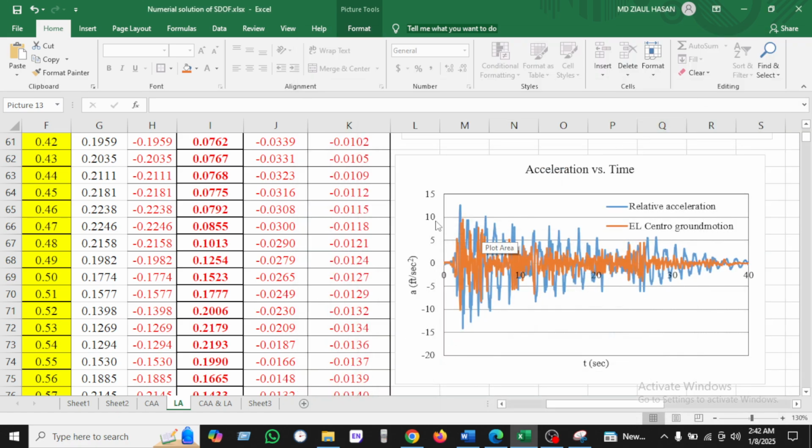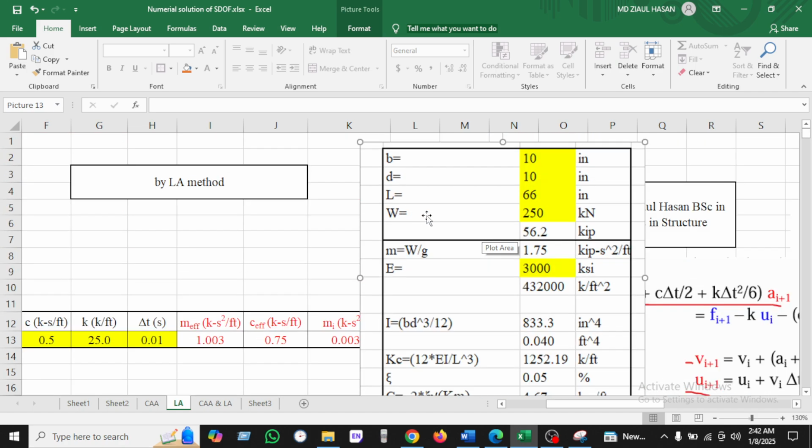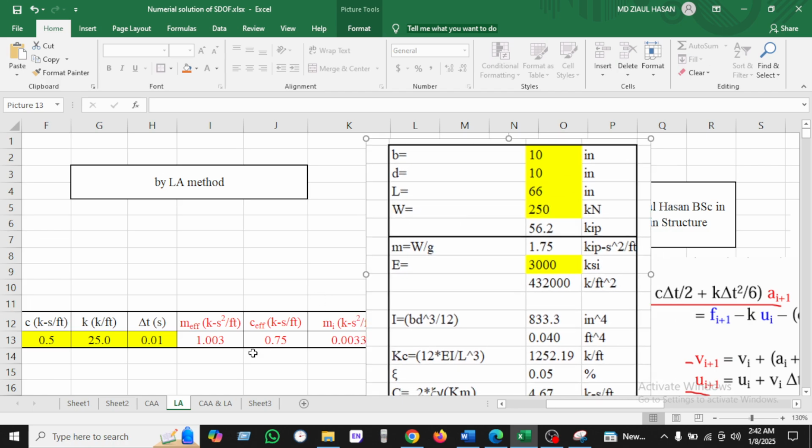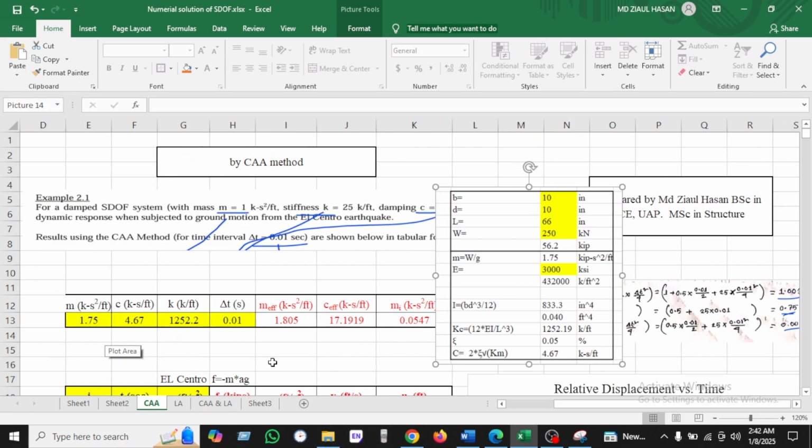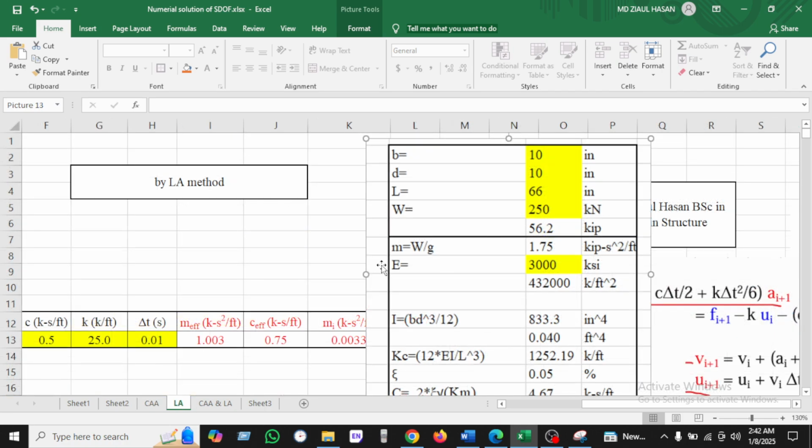We are seeing here at first the LSM2 acceleration is 10 feet, and the relative displacement found is 12. But if we input these parameters, then all the other parameters will be changed, I think. So I'm just putting in these values.